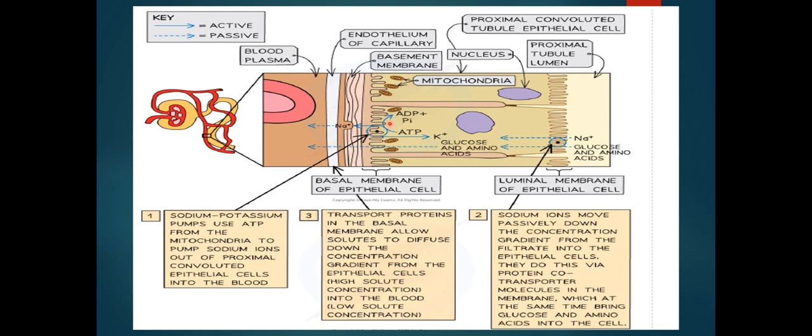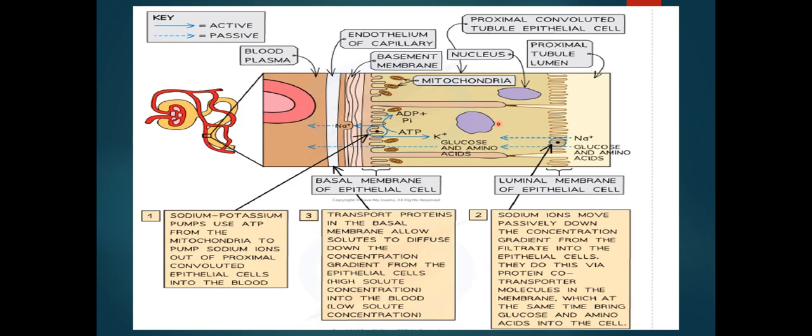Always three sodium ions are pumped out and two potassium ions are pumped in, and this process always requires energy because this is against the concentration gradient. In order to provide energy, a lot of mitochondria are present here, making ATP. So therefore, these sodium ions are pumped into the blood vessel.